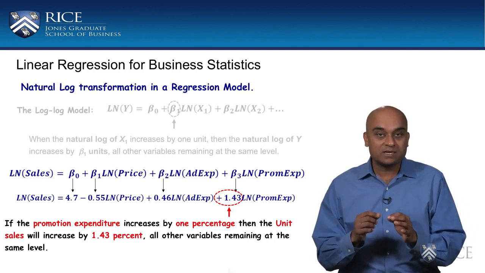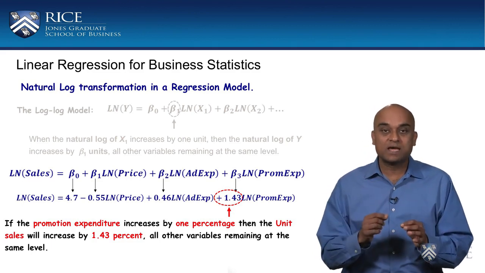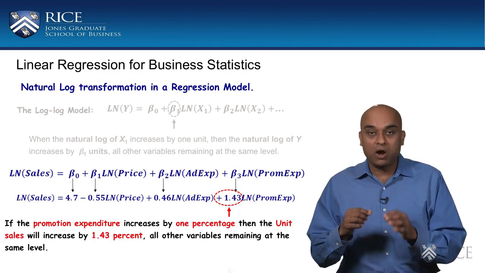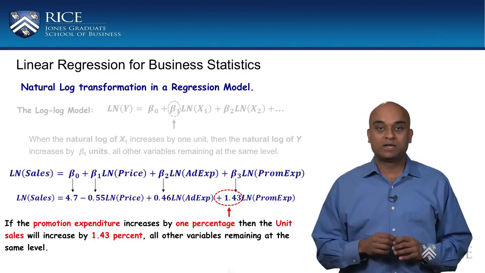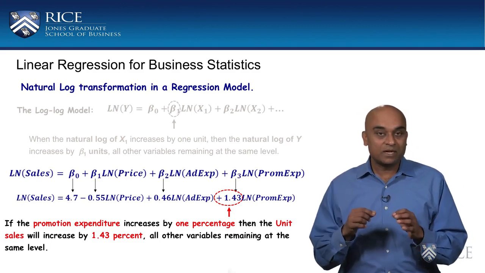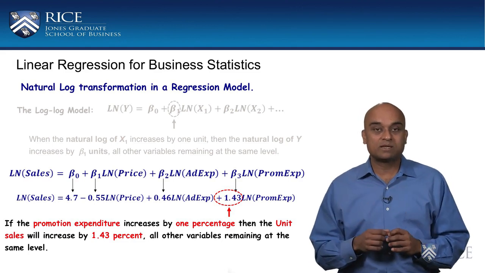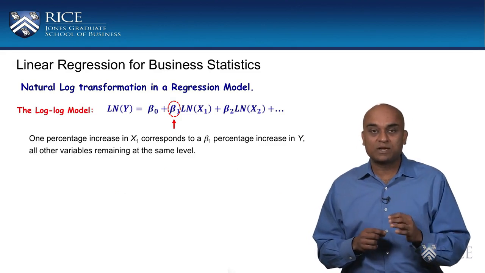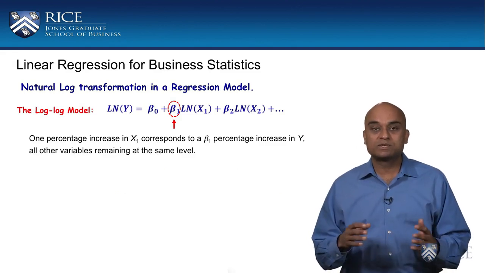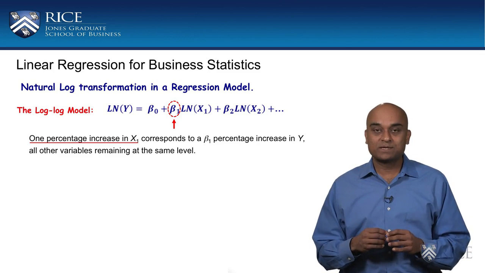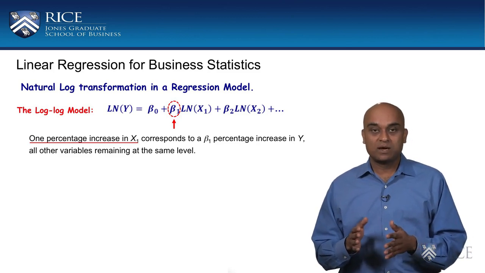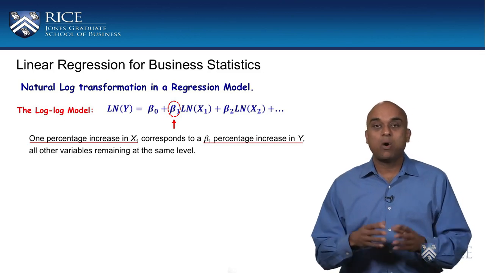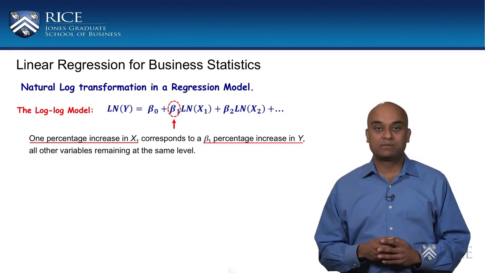Notice that the interpretation is in terms of percentages and not units. Further, it does not involve log in the interpretation. This interpretation is certainly more easy to understand and act upon. So, that brings us to the general interpretation in a log-log model, which is as shown. 1% increase in x1 corresponds to a beta 1% increase in y, all other variables remaining at the same level.